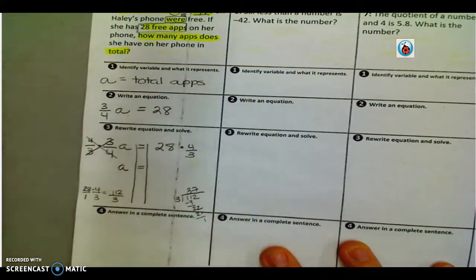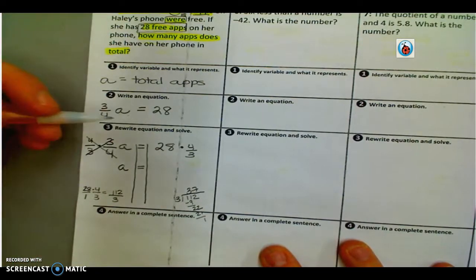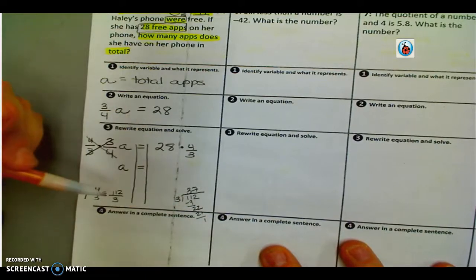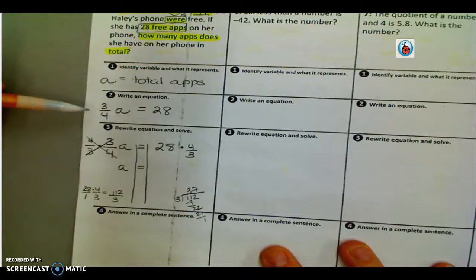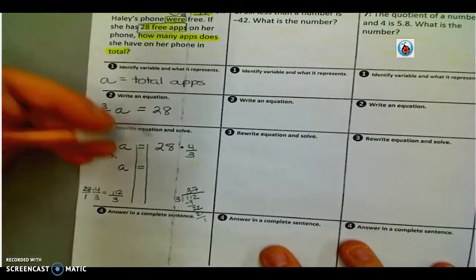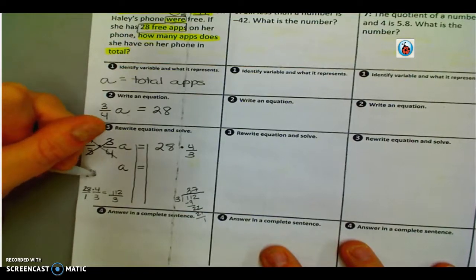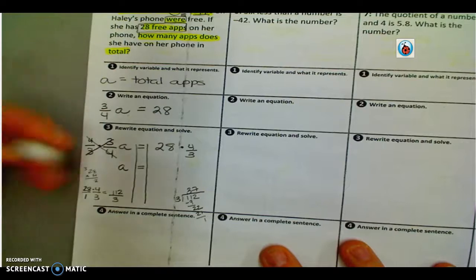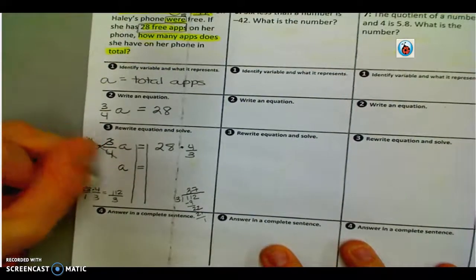And I got a remainder, and that's okay. Let's just kind of take a look at it. I'm going to make sure I double check my math, because sometimes when I get a remainder like this, it doesn't really make sense to have part of an app. So I'm just going to make sure, again, that I've done my math correctly. I'm going to double check my math. 28 times 4, because I did that in my head. 2 times 4 is 8, 9, 10, 11. Yep, 112. All right, so it just didn't work out evenly, and that's okay.